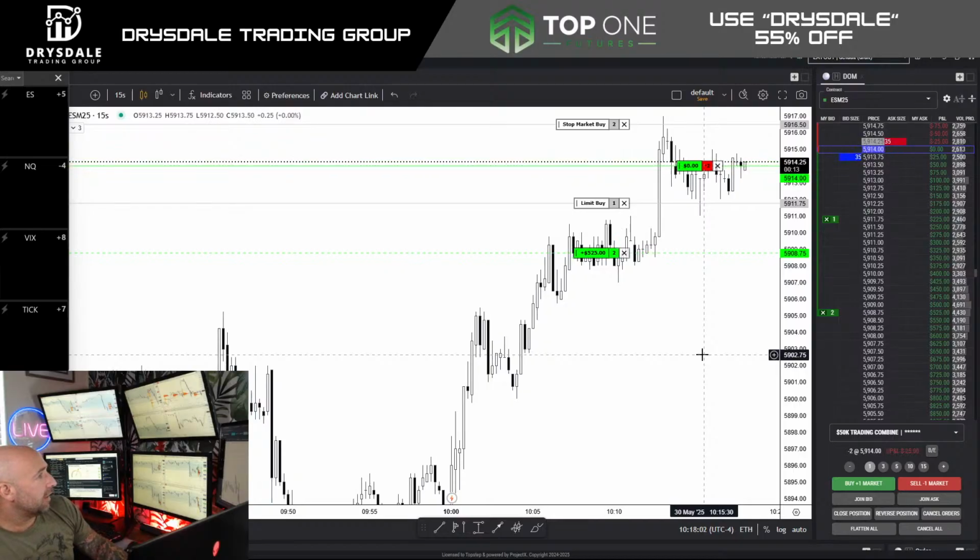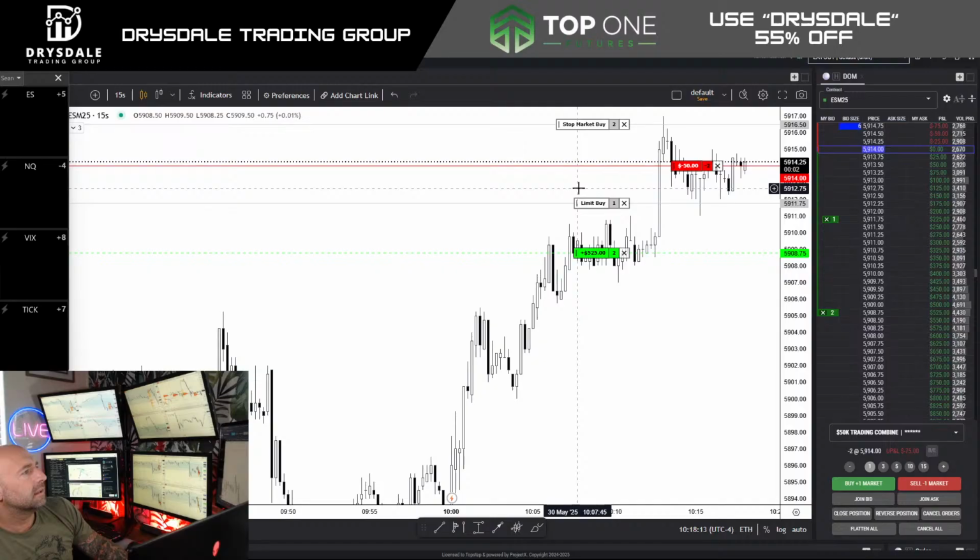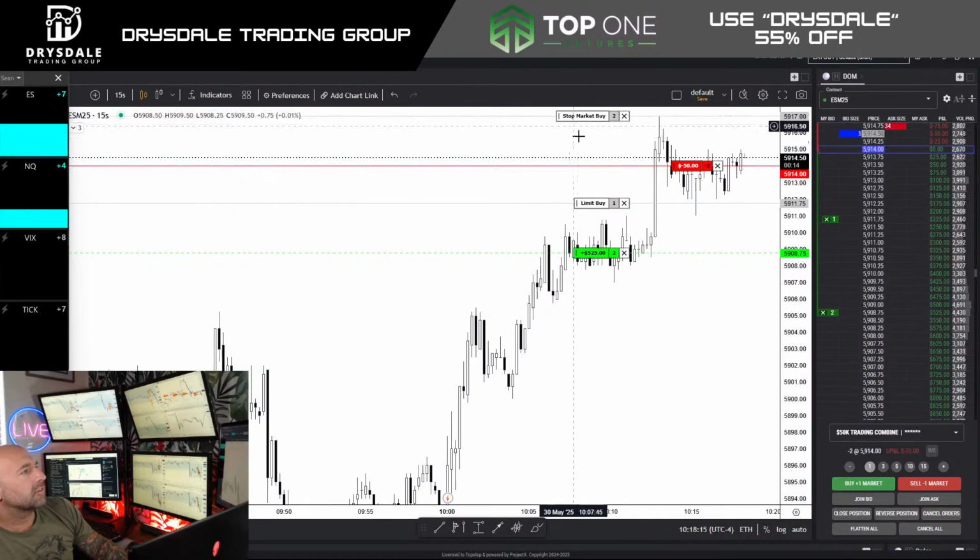Looking for the fade value area extremes. We are at value area high on NQ. Now they could try and push this through. We will see. Actually go up to there.